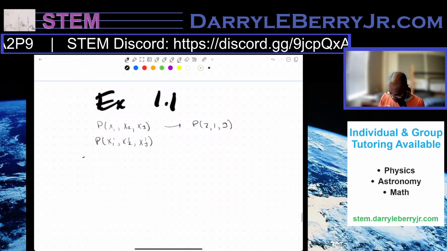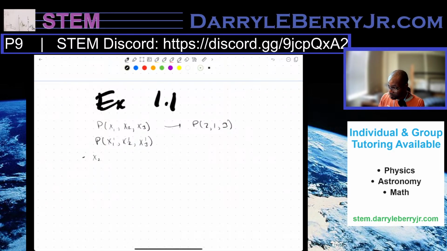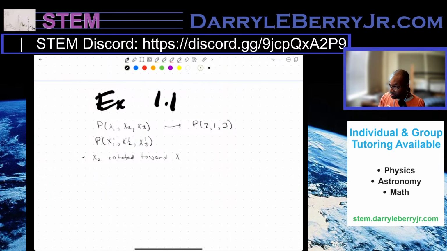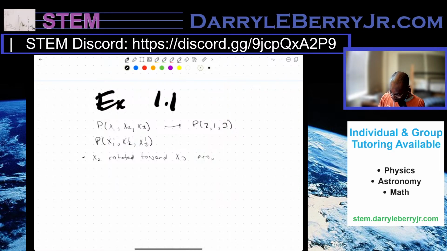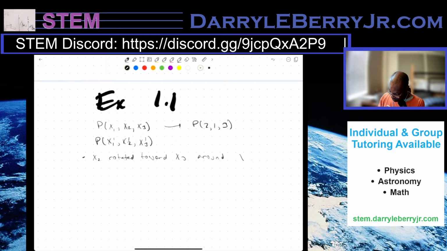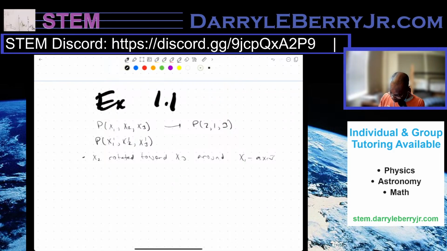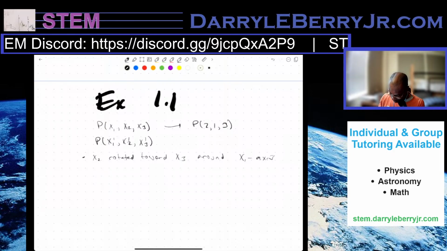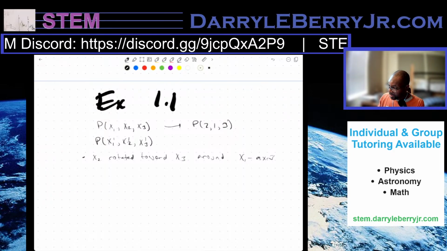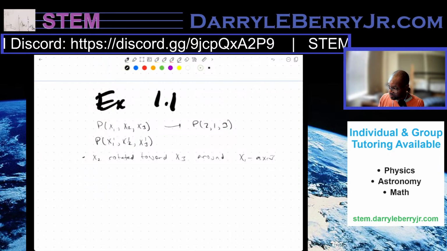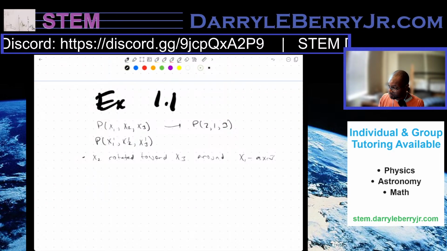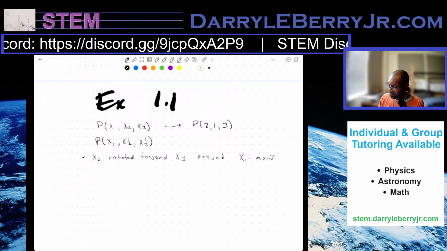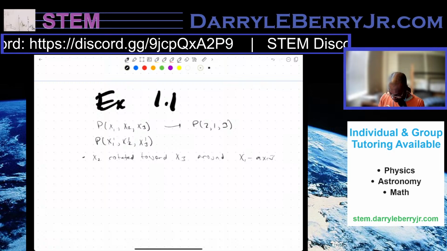And it says x2 has been rotated toward x3 around the x1 axis, and theta equals 30 degrees.